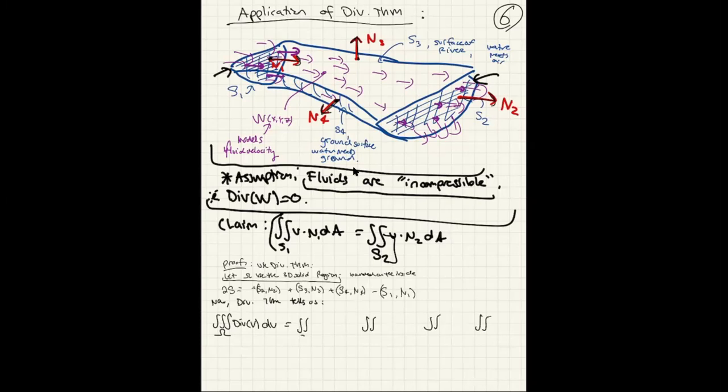I'll do S1, S2, S3, S4, V dot N1, V dot N2, V dot N3, V dot N4. These are 4 flux integrals, so we do it over A. Now I've got to do the sign. So 2, 3, and 4 are all positive.